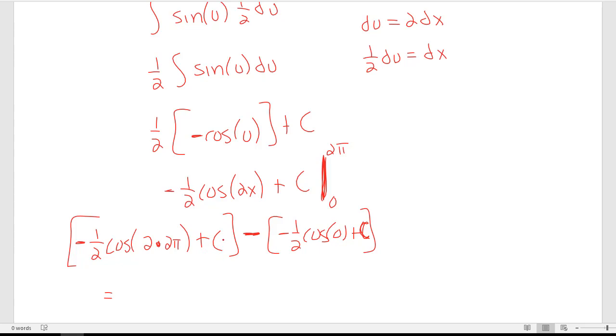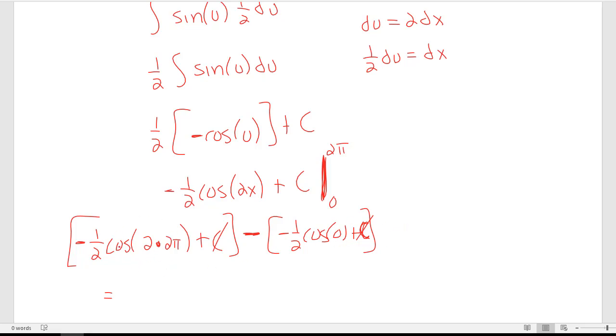Now, notice what's always going to happen with the c's, like we talked about in 5.3 when we were doing definite integrals. This c subtracts this c, so we're always going to get our constants to cancel. So what we typically do when we have limits of integration is we just don't write the constant. We ignore the constant because it's going to subtract itself off anyway. So then what do I have in this case?